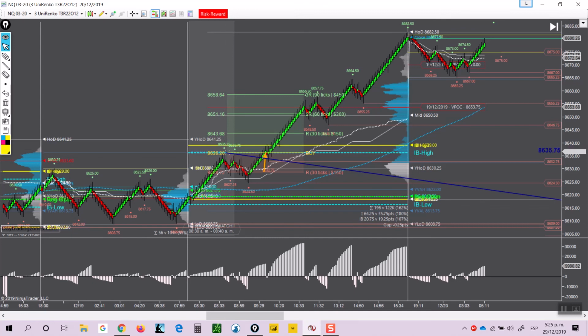So first opportunity, break of that trend line. Second opportunity, break of that opening swing high. Third opportunity would be break of that initial balance high. Okay, that's over at 9:30. See that yellow line?